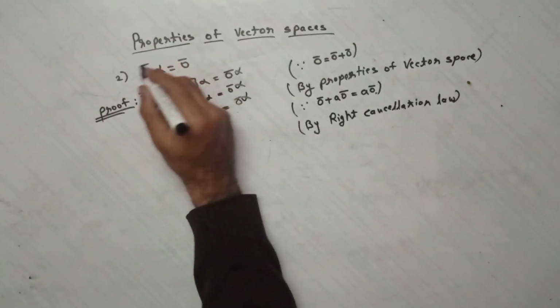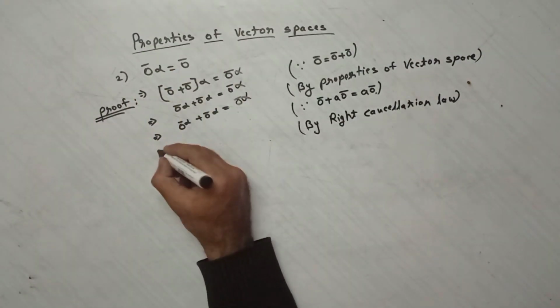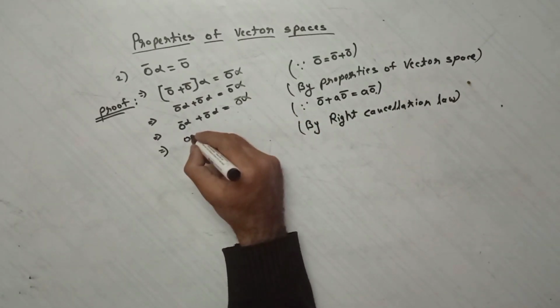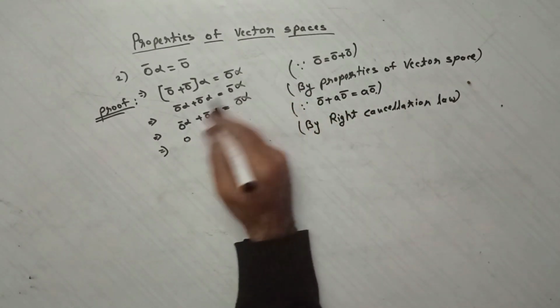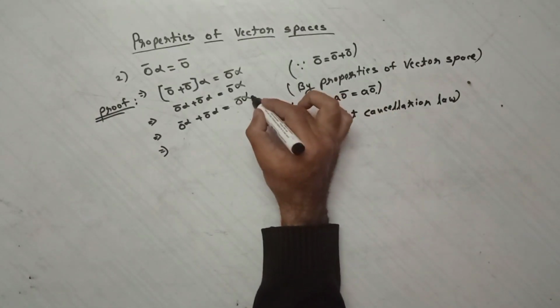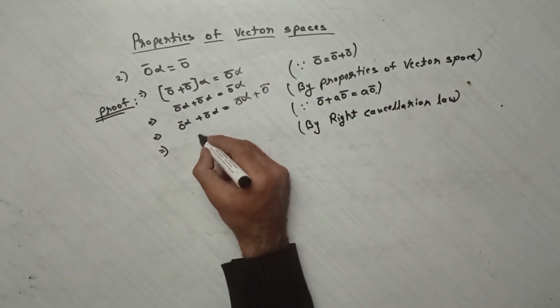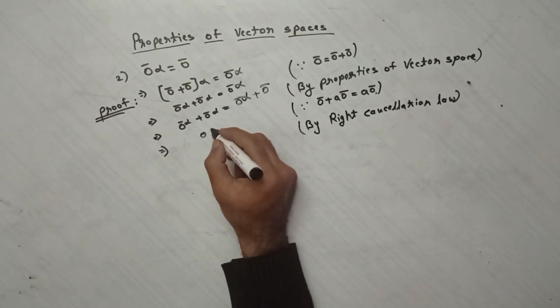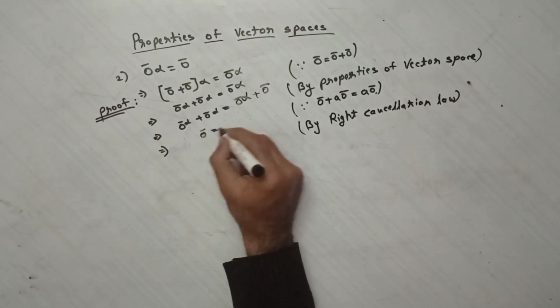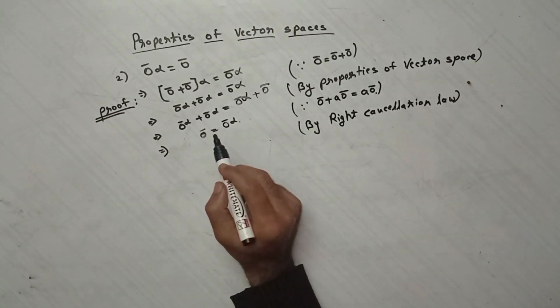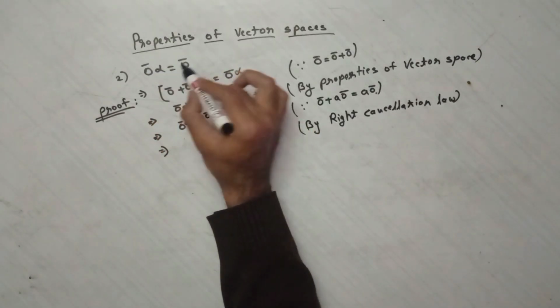We take from the same, and now we say that the second step is the 0 vector, and by the cancellation law, this 0 vector equals 0 of alpha. Same as the previous one, we take 0 vector alpha equals 0 vector.